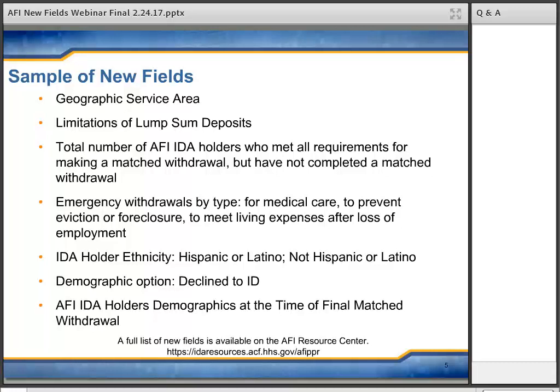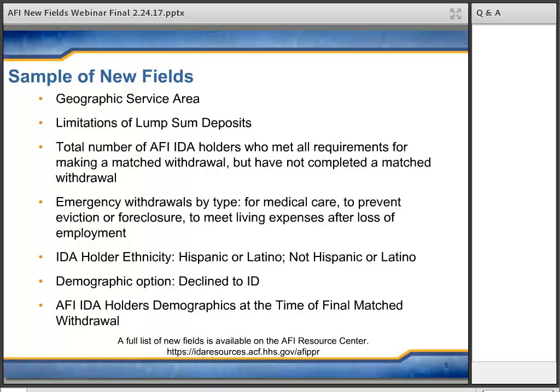So someone is asking about question E3 and E2. So it's about race and ethnicity, separate questions. So in theory, your total number of IDA holders would be the same total for each of those. So let's say you enrolled 10 people. So all of your race categories in E3 would equal 10, and all of your ethnicity categories in E2 would equal 10. The only caveat would be if someone declined to ID. So maybe 3 people declined to ID their ethnicity.